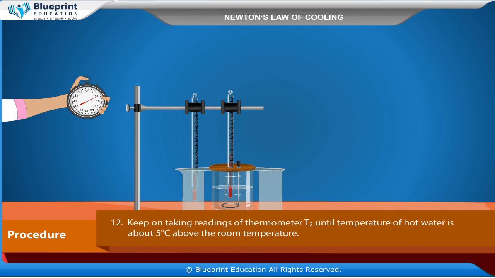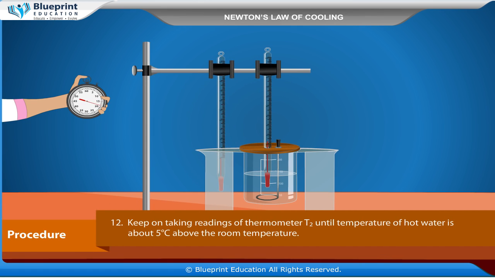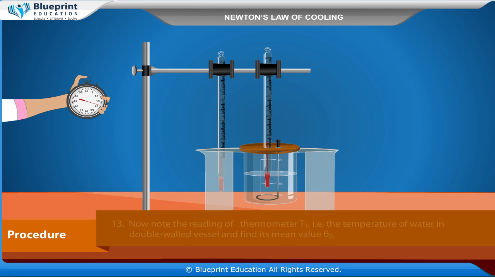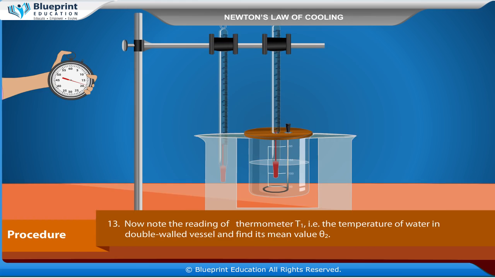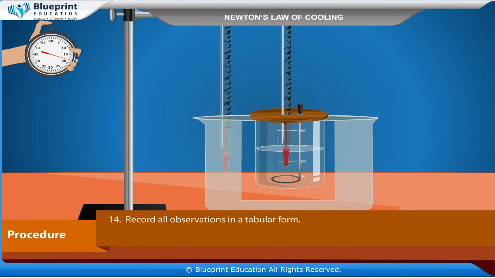Keep on taking readings of thermometer T2 until temperature of hot water is about 5 degrees Celsius above the room temperature. Now, note the reading of thermometer T1, that is, the temperature of water in double-walled vessel, and find its mean value, theta 2. Record all observations in a tabular form.